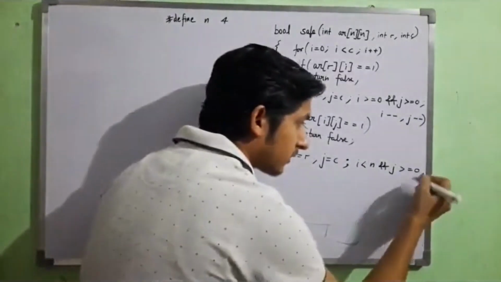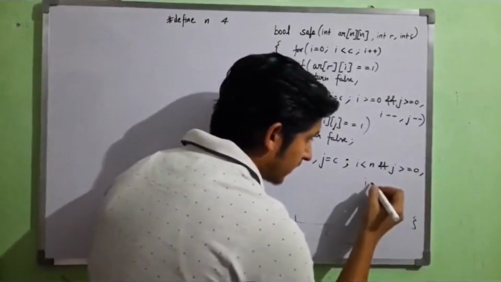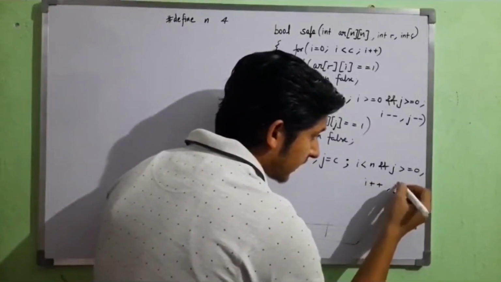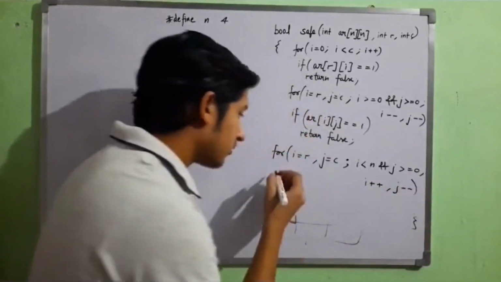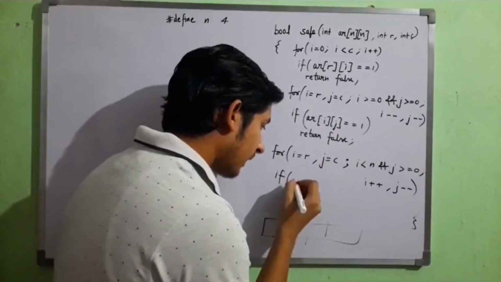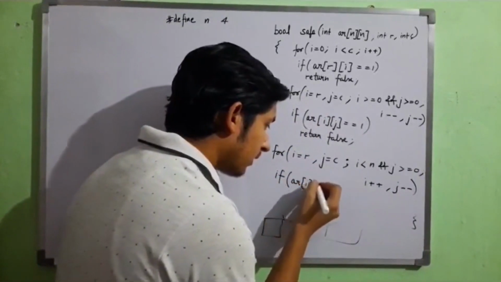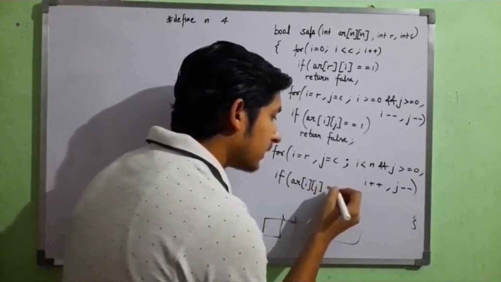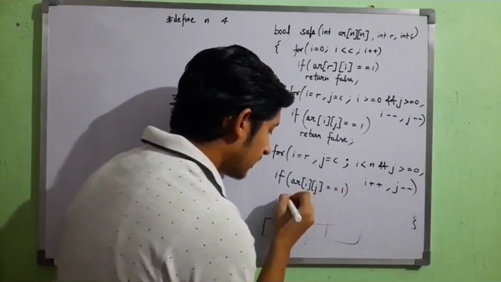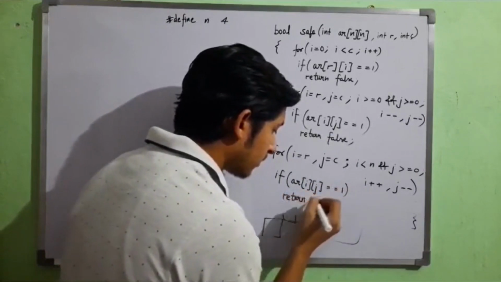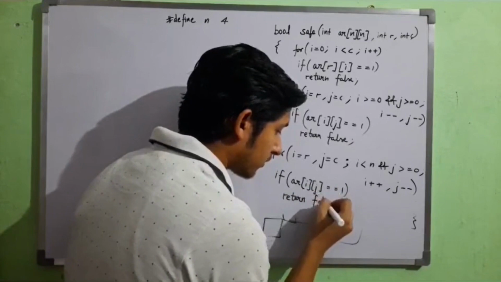So i plus plus, j minus minus. So if AR of i, j is equal to 1, then return false.